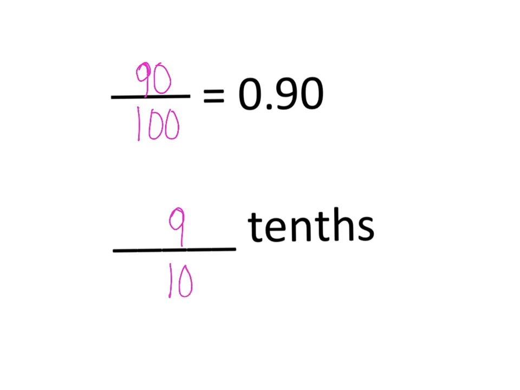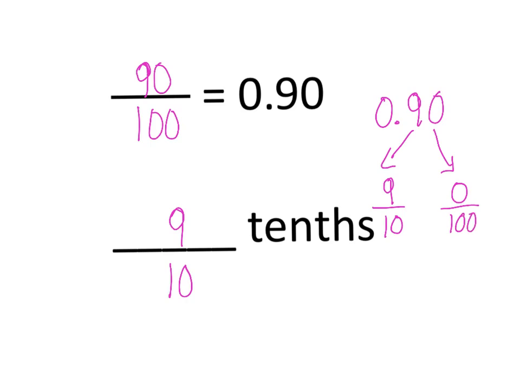So if we took this 0.90, we would know that that 9 is in the tenths, so that would be 9/10. And we'd see that 0 is in the hundredths, so there's 0/100ths. There's nothing in the hundredths. So really what that would be equal to is 9/10, because there's nothing in the hundredths place.